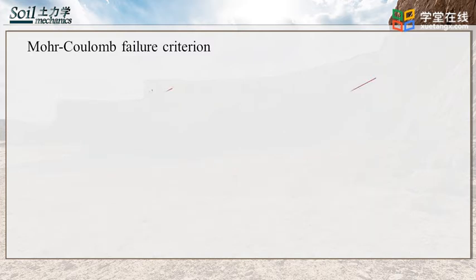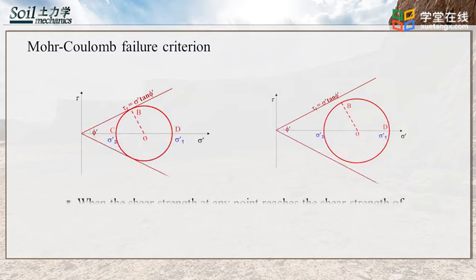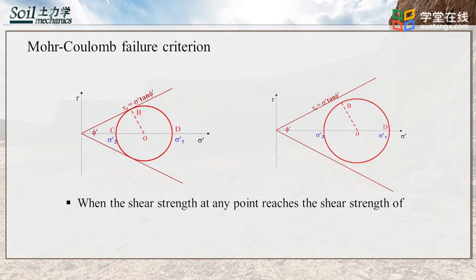The two figures show the Mohr Coulomb failure criterion in Mohr circle. In the first figure, we have two given values, sigma 1 and sigma 3, which can be calculated from the test results. The two values give a unique circle with a diameter equal to sigma 1 minus sigma 3. When the circle is within the range bounded by the equation, the soil is safe.